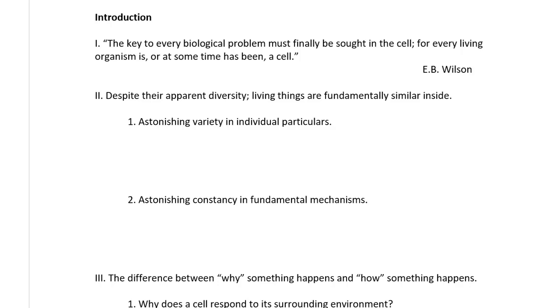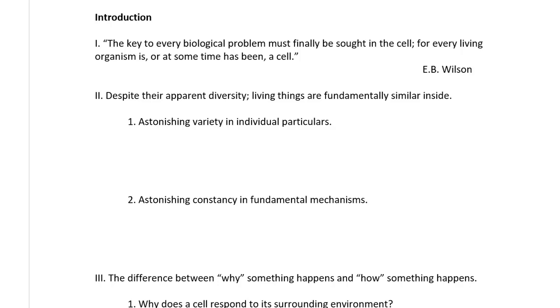But the one thing that is sort of in our favor in trying to figure out what is happening is that there are these fundamental mechanisms that all cells have in common. So, for example, the one that most of you will know is just transcription and translation. All cells use transcription and translation to express their genetic code.